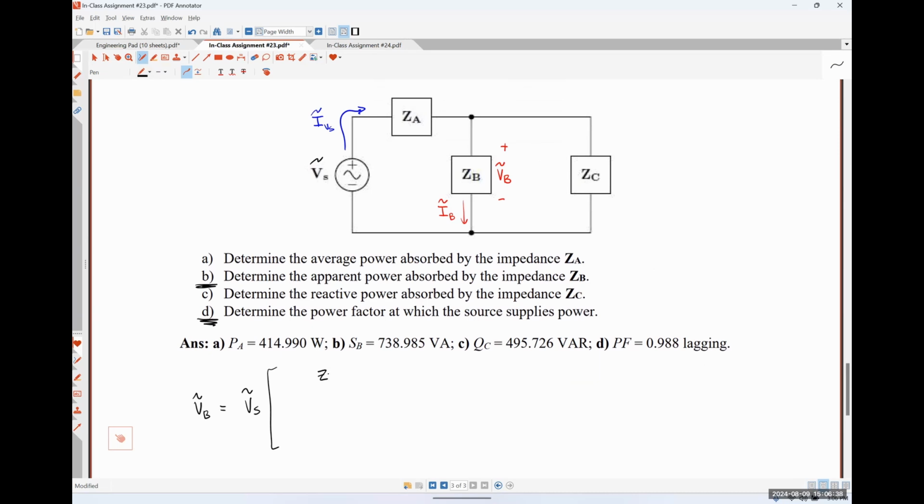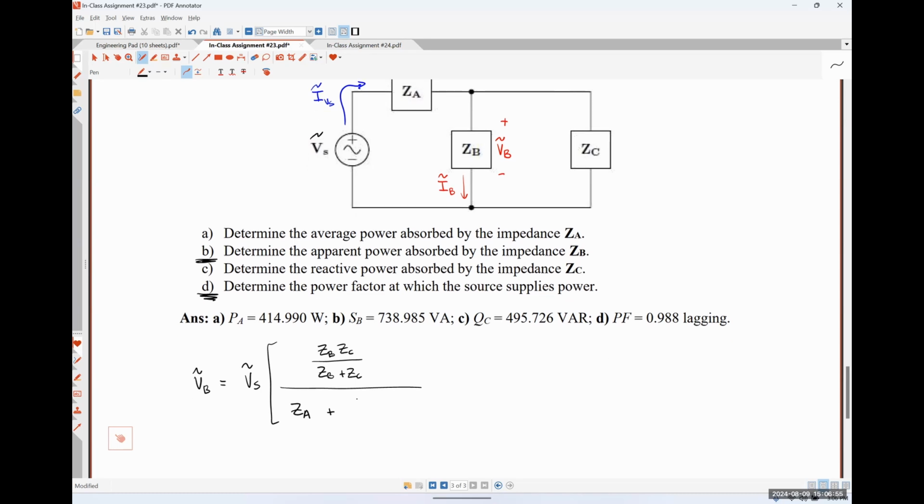So I'm going to write this as ZB times ZC over ZB plus ZC. And in my denominator, I will have ZA plus, and then that same parallel combination from above, ZB, ZC over ZB plus ZC.